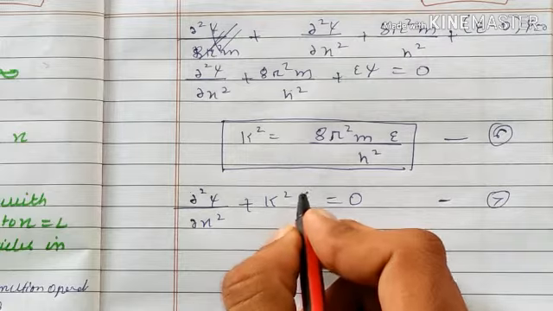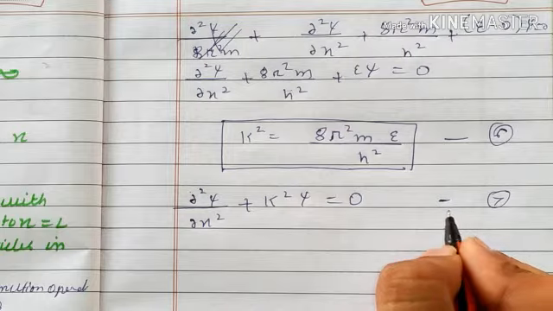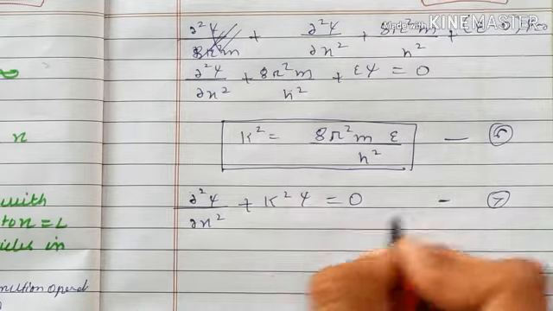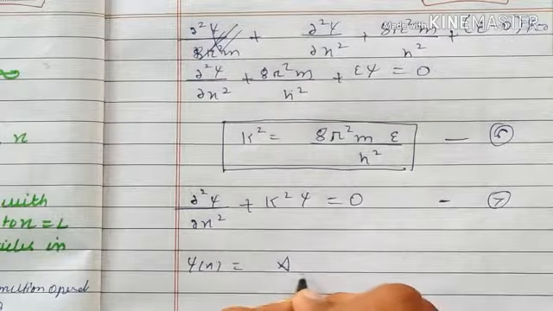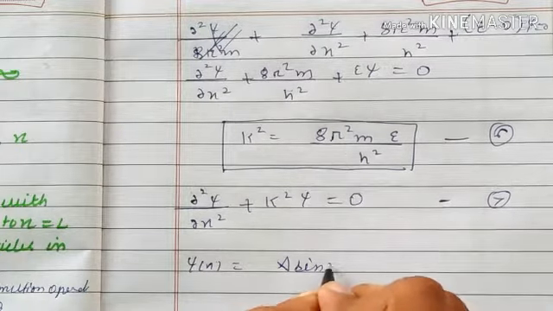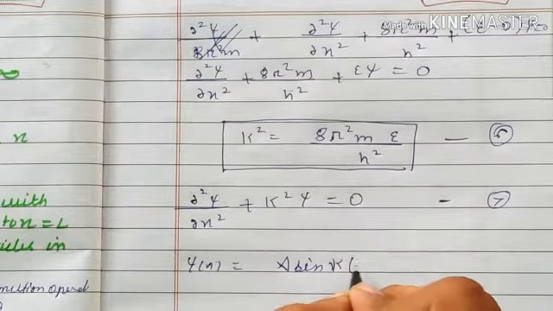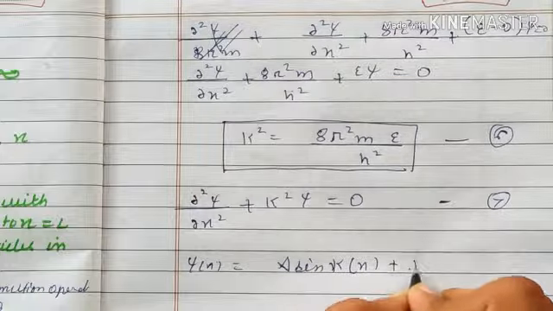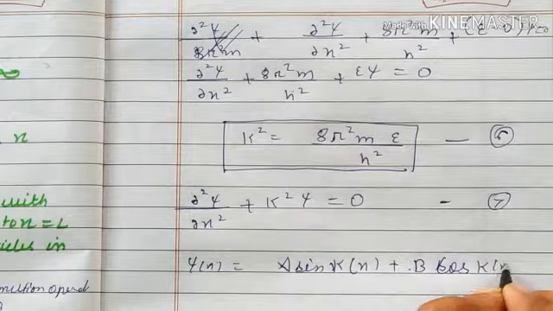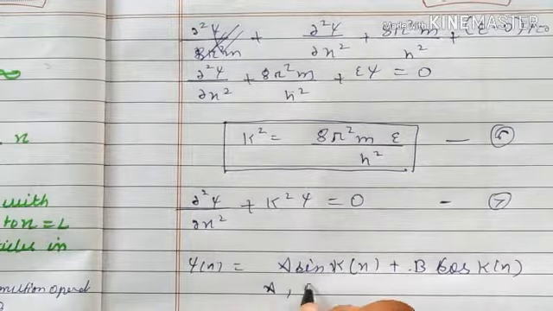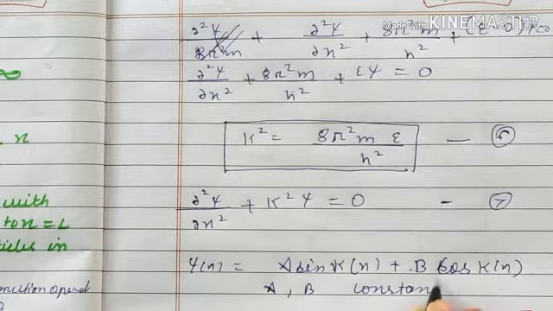We find this is just a wave equation along the x direction, and we take psi x equal to the wave function A sin kx plus B cos kx, where k is a constant, and A and B are arbitrary constants.